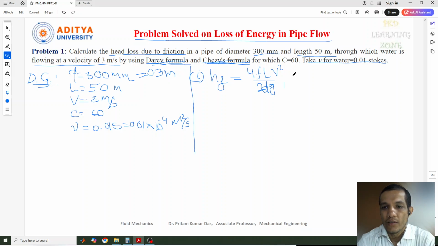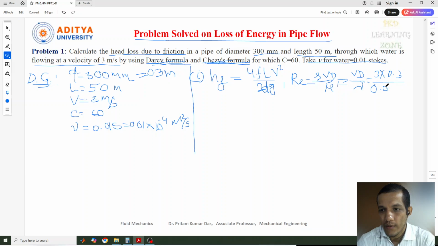We know that Reynolds number equals rho Vd by mu, or also Vd by nu. V is given here as 3 meter per second, diameter is 0.3, and nu is given as 0.01 into 10 to the power minus 4.